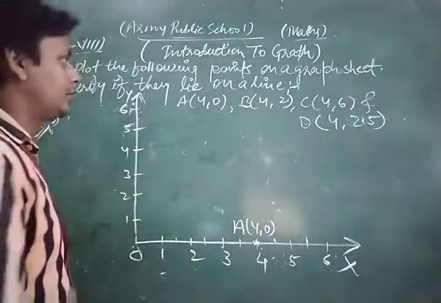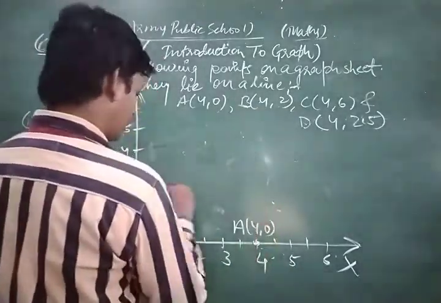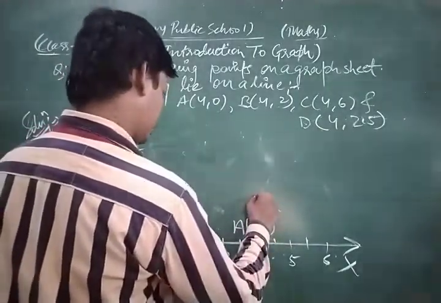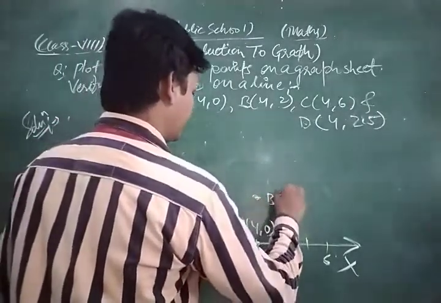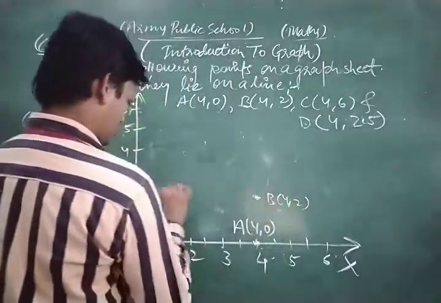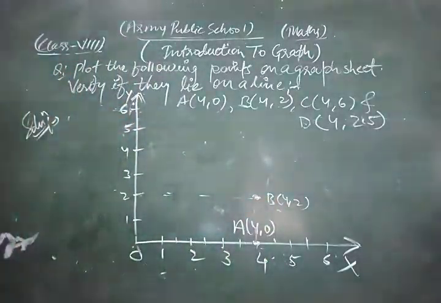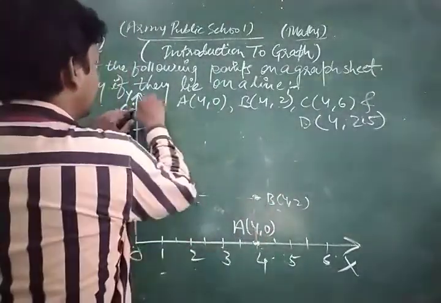Similarly, this is point B, (4, 2). Abscissa 4 and ordinate 2. So here is 4, and this is 2 here. This is point B, (4, 2). Okay? Now, the second one is what? (4, 6). Now look, this is 4 and 6, no?